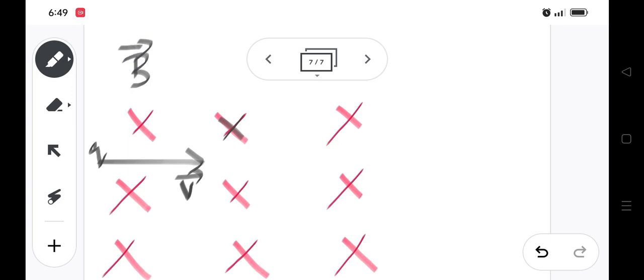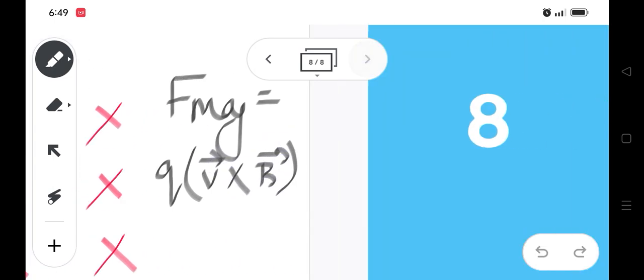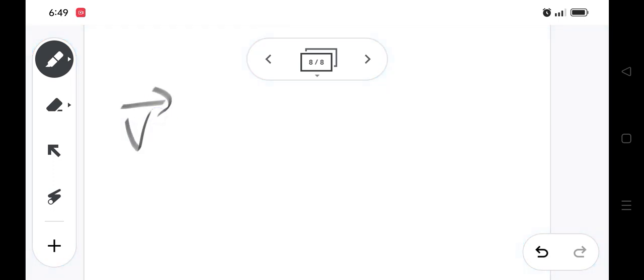We know the Lorentz force is the sum of electric force and magnetic force. Here we are finding the magnetic force. Magnetic force is equal to q into v cross B. Here we have the v vector and B vector, and we are finding their cross product.